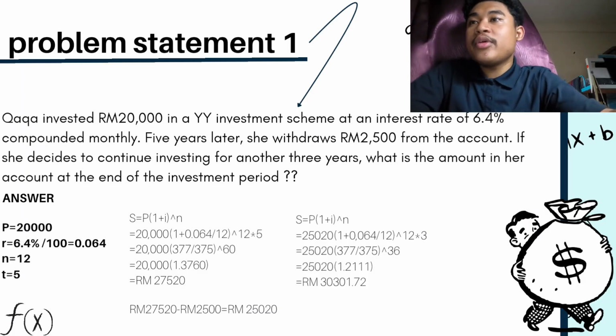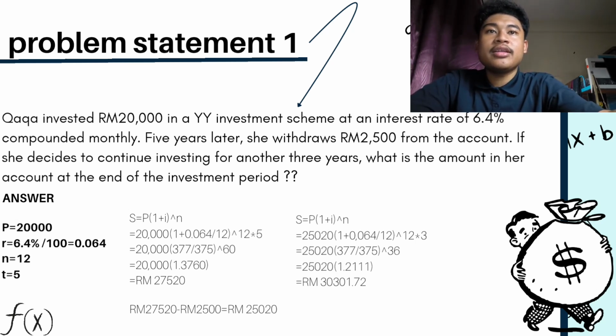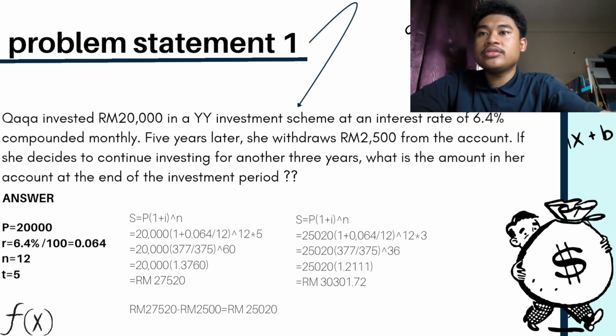Problem statement 1: Kakak invests 20,000 in a YY investment scheme at an interest rate of 6.4% compounded monthly. 5 years later, she withdraws 2,500 ringgit from the account. If she decides to continue investing for another 3 years, what is the amount in her account at the end of the investment period? We should take out the data from the sentence.